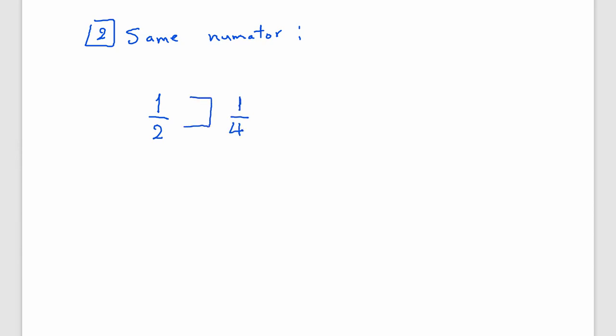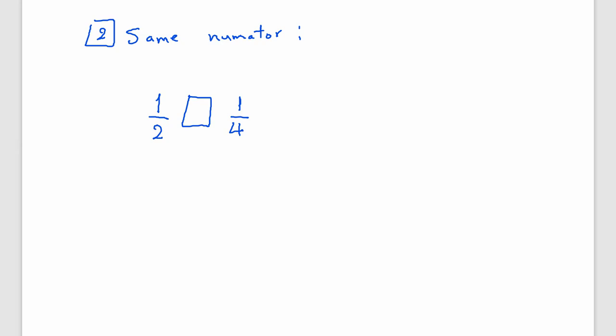It's very important for you to know that you have the same number of parts, but the parts are not equal in size. This is half and this is fourth. So you need to think which one is bigger, the half or the fourth.